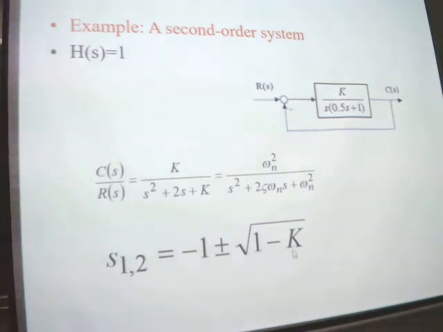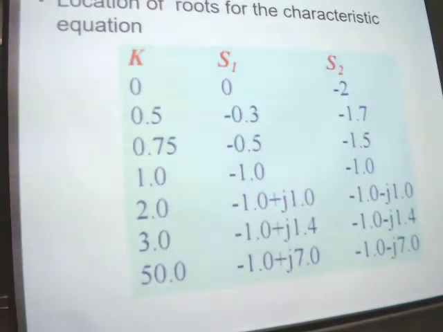And if k equals 1, s1 equals s2 equals -1. So, this tells us that if k changes, these two roots also change with this parameter, where k is a parameter of the system. We can give this k other values, and then s1, s2 also change with k.